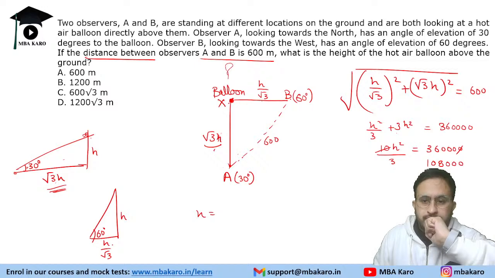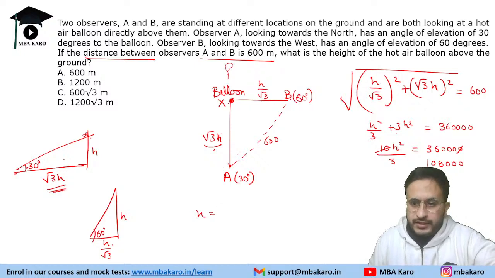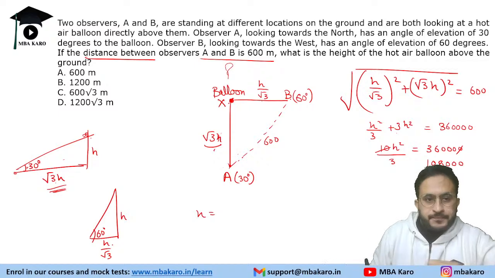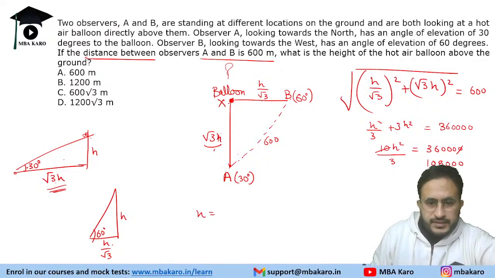That is root 30. Something different is coming, like 60 root 30? Yes, I guess it is coming different. So H is 60.